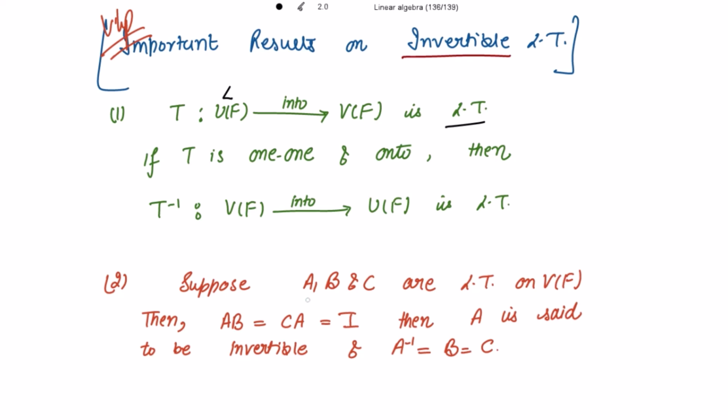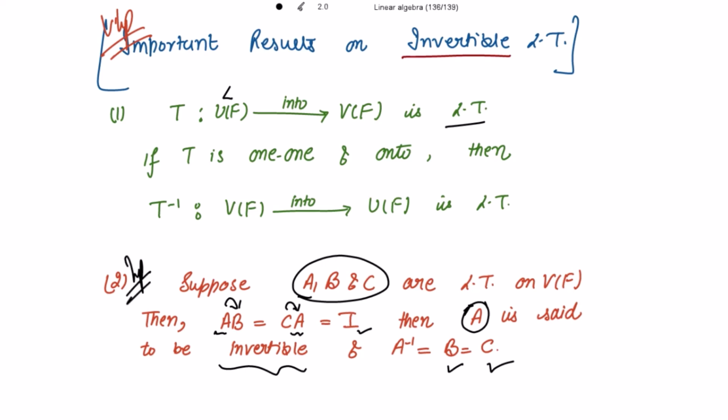We have three linear transformations, right? Then the product of A with B is equal to the product of C with A, so on both sides we have A common, and these products are equal to the identity operator. Then this A, which is common, is said to be invertible and A inverse is equal to B equal to C. Right? This is very important.